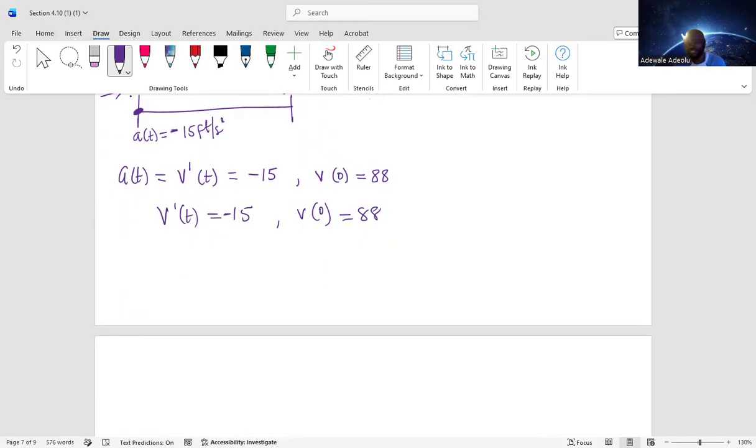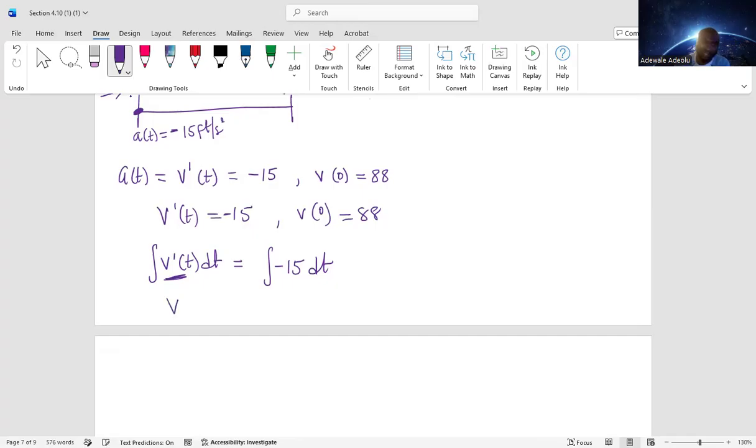Remember that v prime of t is dv/dt. So if I take the antiderivative of this, I need to add dt. So that is negative 15 dt, right? If I find the antiderivative of v prime of t, the question we're asking is: give me the function such that when I take its derivative, it is v prime of t.